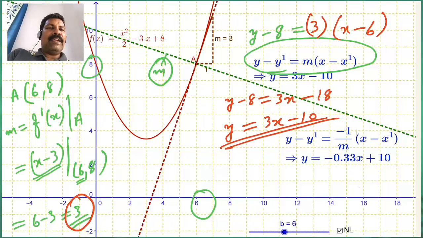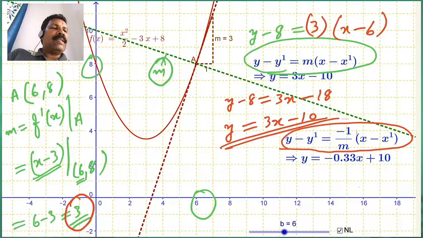So this way we can compute. Then how to get the equation of the normal at A? We can utilize this equation for that. That is y minus y1. So y minus y1 means, that is 8. Y minus 8. Then slope is -1 by m.